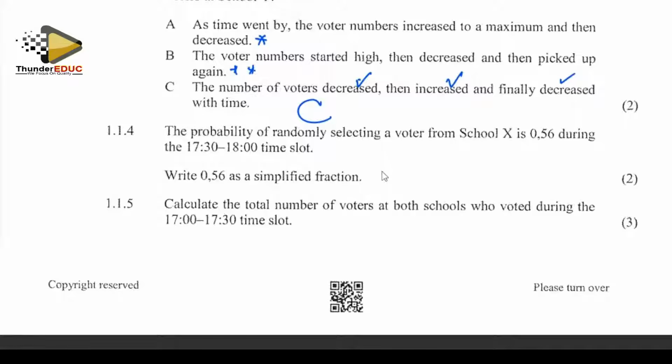The probability of randomly selecting a voter from the school is 0.56 during the 17 hours, 30 minutes to 18 hours time slot. Write 0.56 as a simplified fraction. So simple. Those who don't know, just put this in your calculator and press equal.